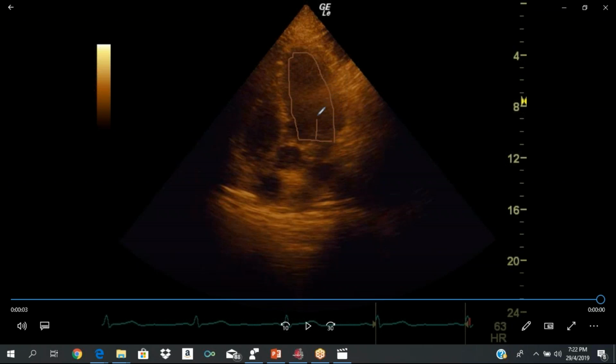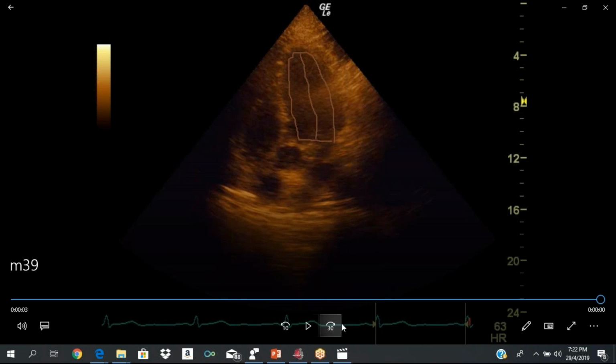Trace it, and the computer will give you a volume, and then in systole, you do the same thing. You trace the endocardial border in systole.